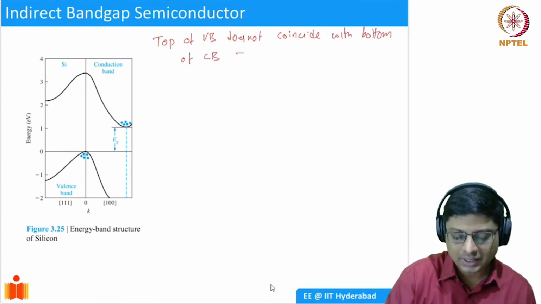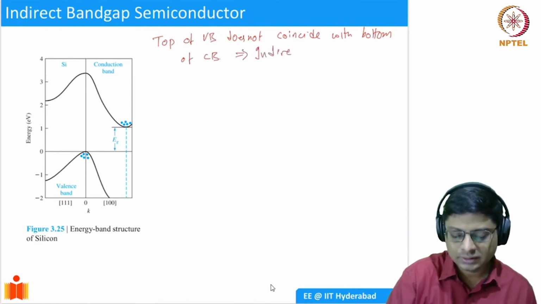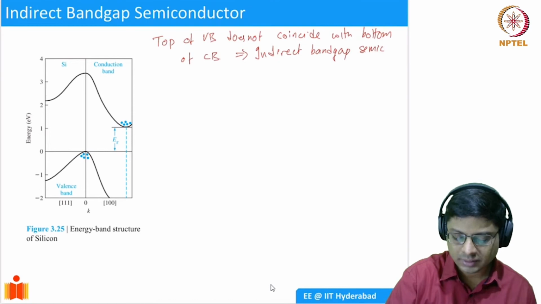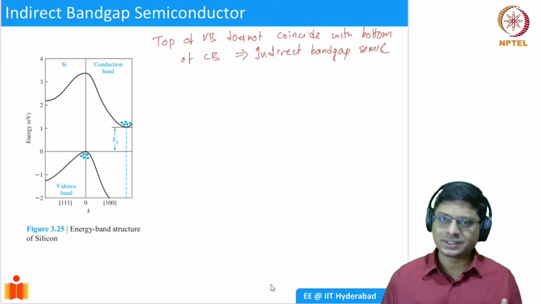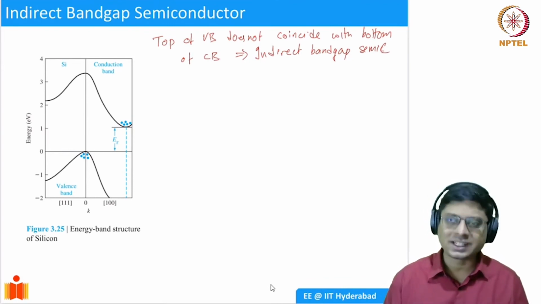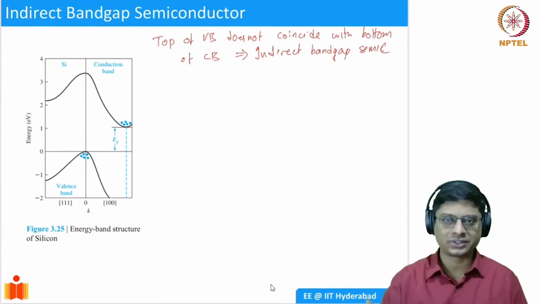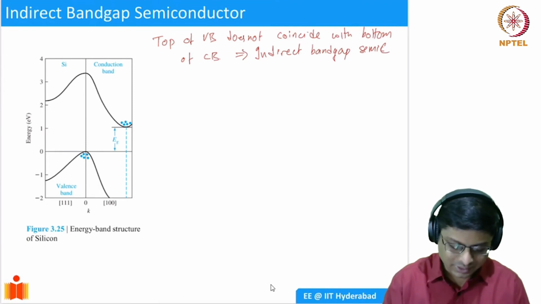Whenever this happens, we call it an indirect band gap semiconductor. But still the energy is the same thing. The band gap is always defined as the energy gap between the top of the valence band and the bottom of the conduction band. That story is still the same, but the position at which this occurs is different, and because of which there is this difference.